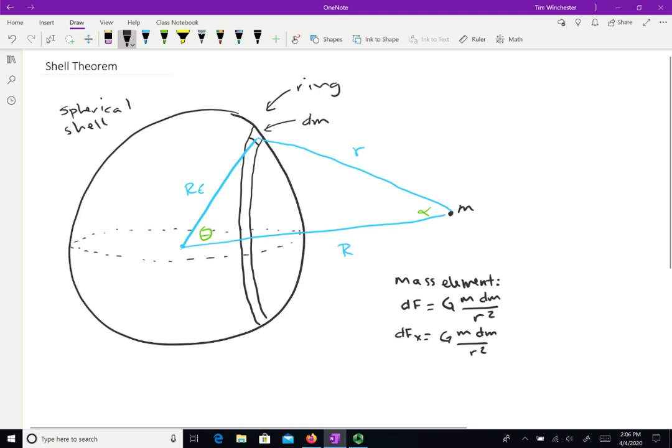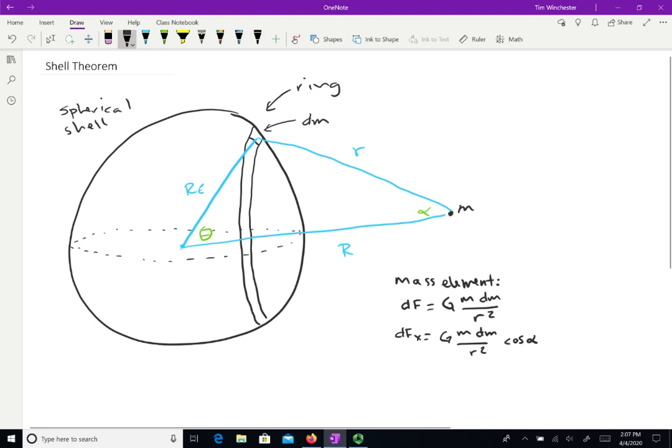Okay, so because the force is going to lie along this line that I named little r, we're going to need a cosine of alpha in order to select out just the component that's along big R. Okay, so that's going to give us the force from that one mass element that is in the correct direction.